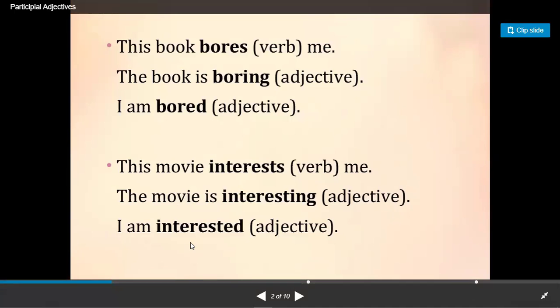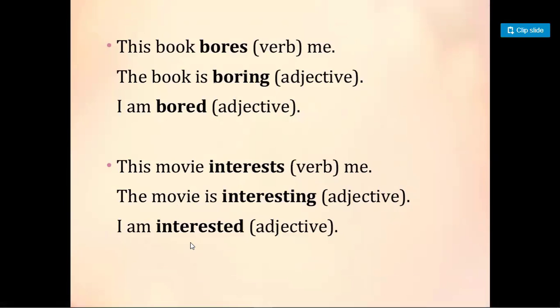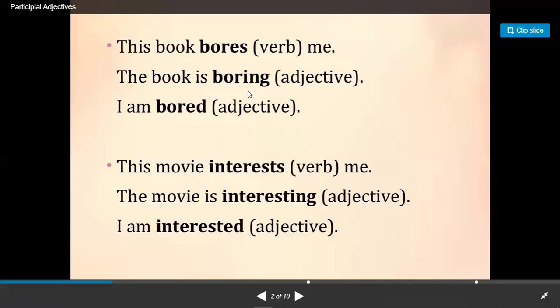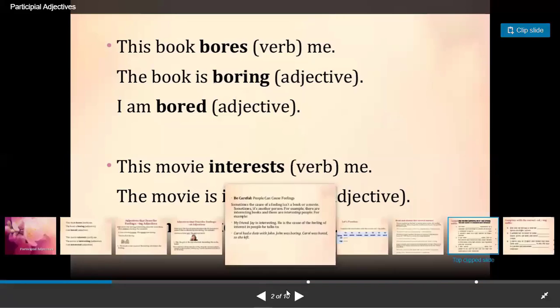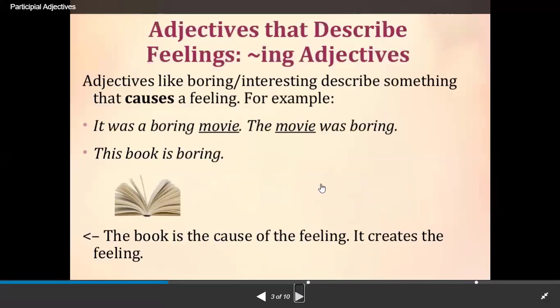Now here we come to know first thing that sometimes, not all verbs, the verbs can act as adjectives when we put ing with them, and when we put ed with them. Like here bore, boring, bored, interest, interesting, interested. So let's learn a little more about them.